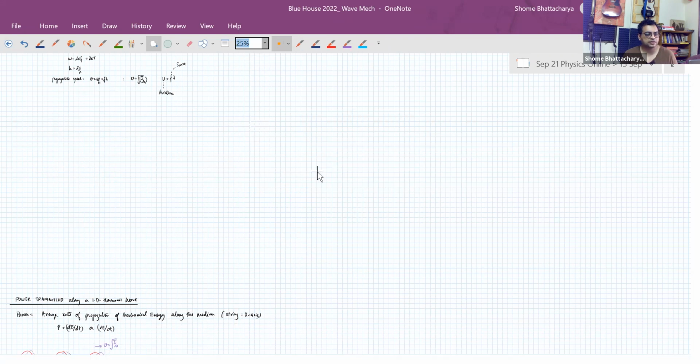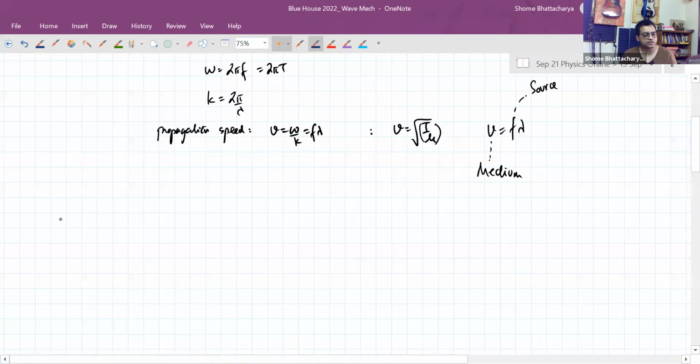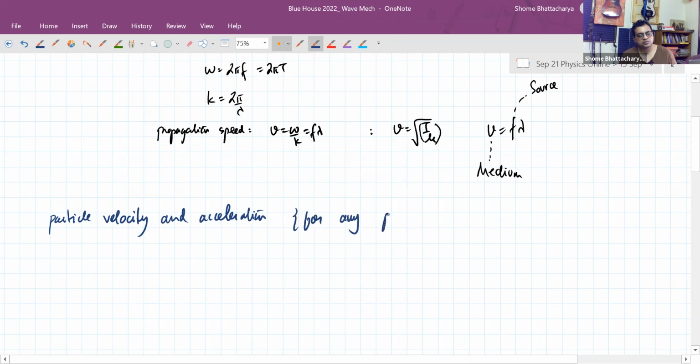And that is, having understood the equation of the wave and all that, we will see how to determine what is called particle velocity and acceleration for any particle on the medium.